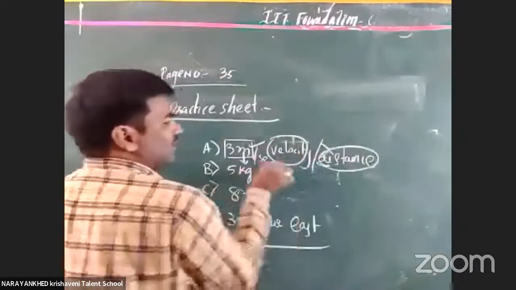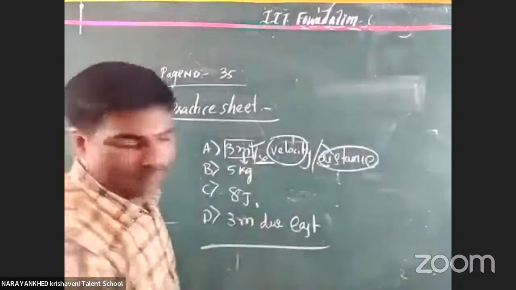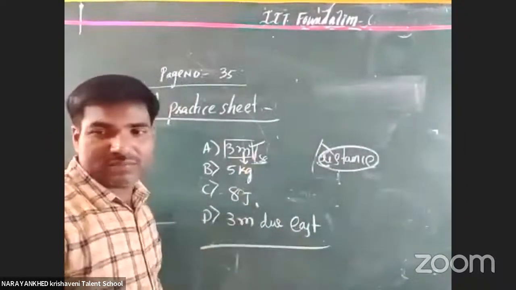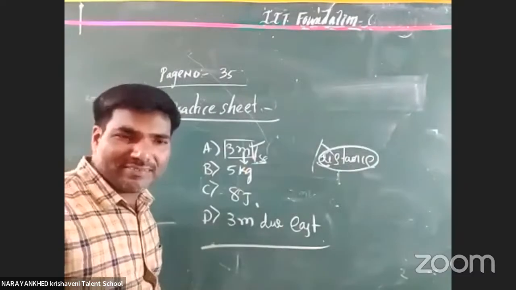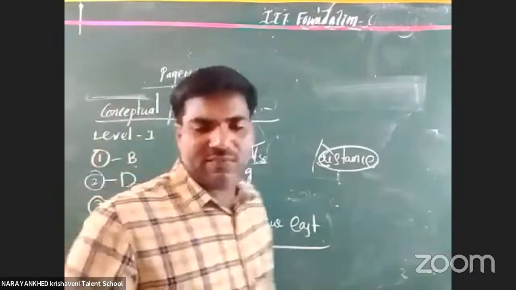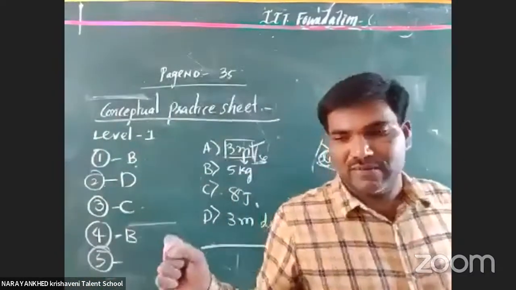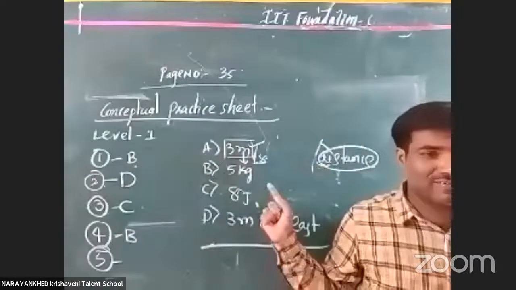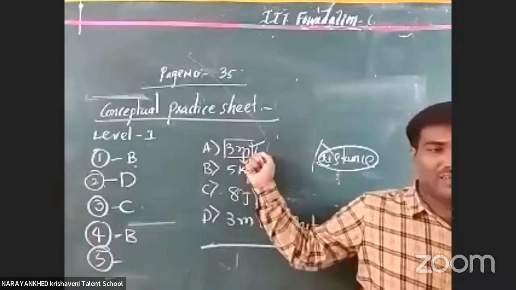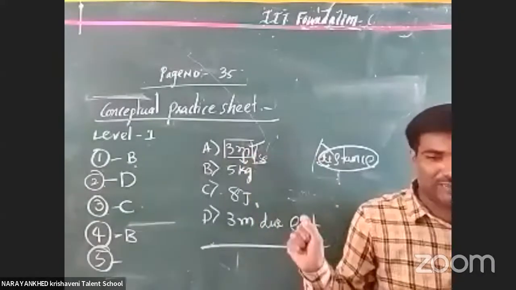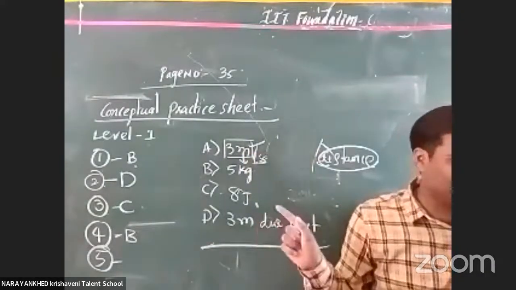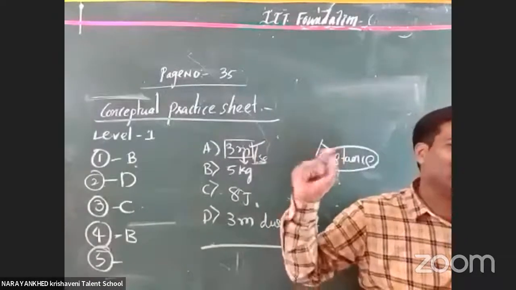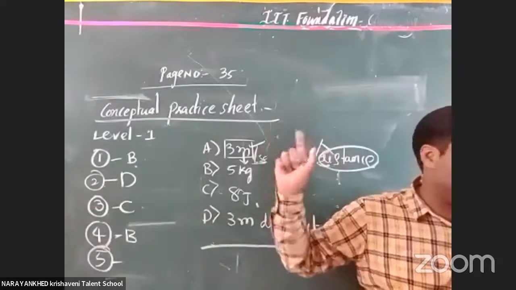Distance is measured in meters. Length and distance, these all are scalars. This is the distance, a scalar. 3 meters, that's it. They did not mention any direction. That is why it is called distance, a scalar.